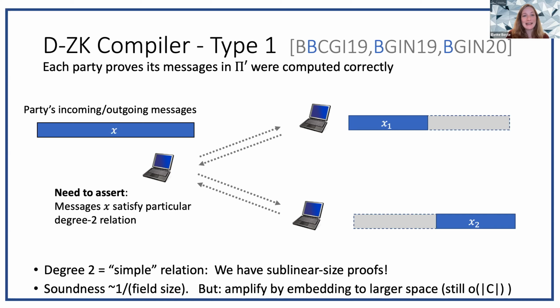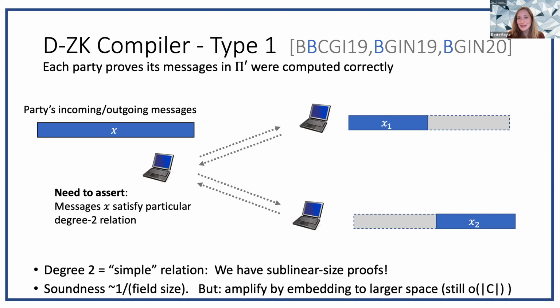So this seems like a potential danger point, because indeed soundness error 1 over 2 is not so appealing for these protocols. And now this is where I want to remind you of the comment that I had before, that you can amplify the proof itself, embedding the proof part into a larger space.